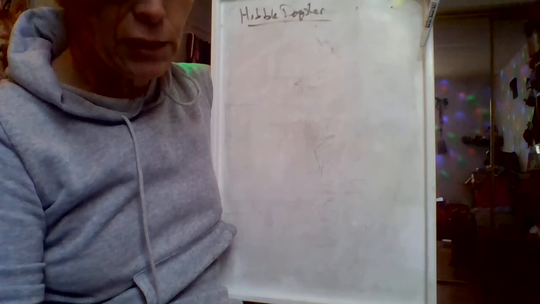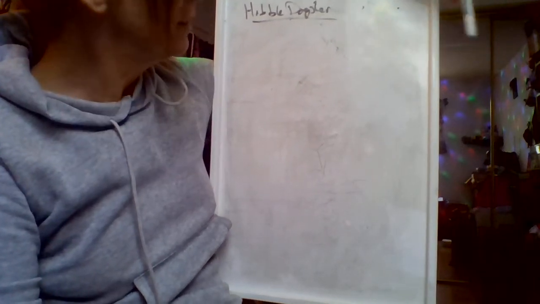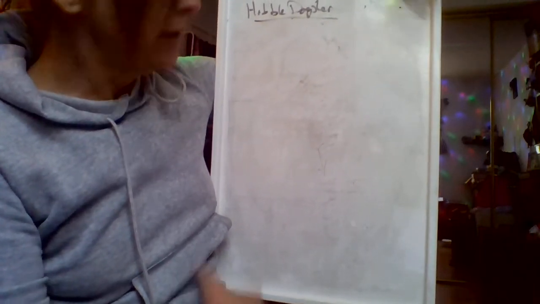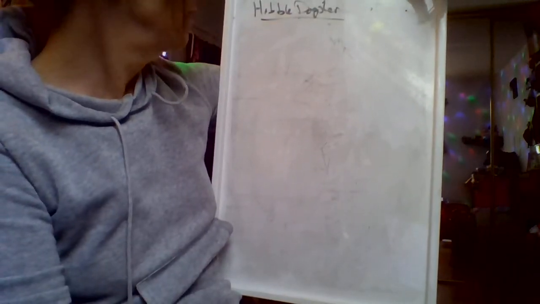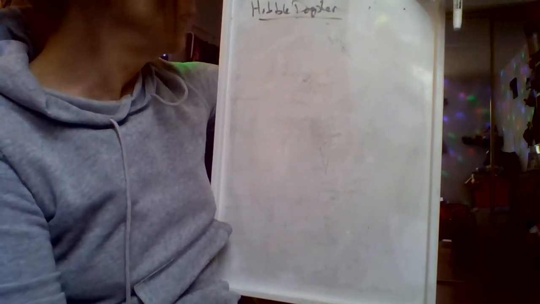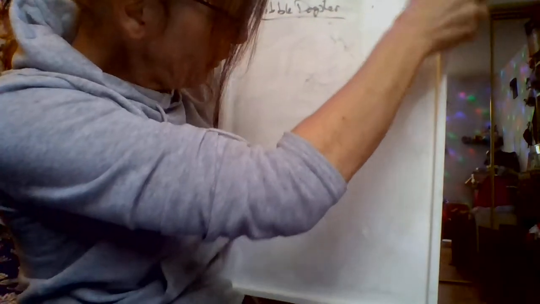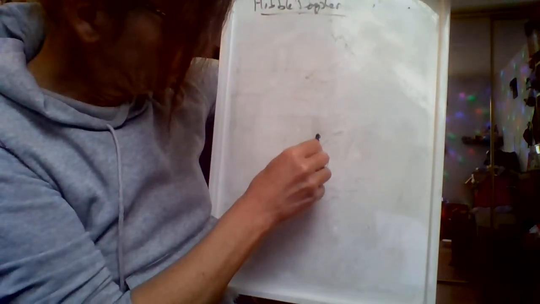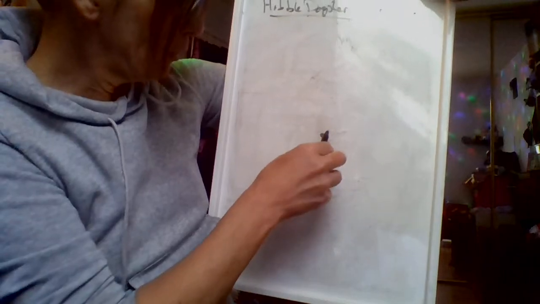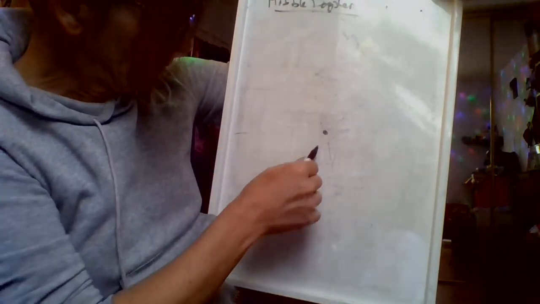Right, as long as relativity is a thing and space has variable densities, and space is more contracted near gravity. It's a denser form of space. So Hubble Doppler. Okay, here's us. And here's the universe expanding away from us. Well, not expanding, existing away from us, right?